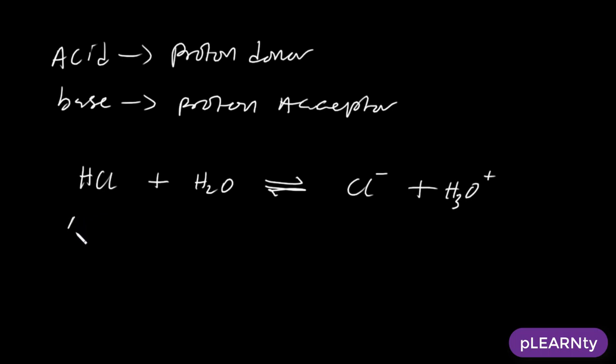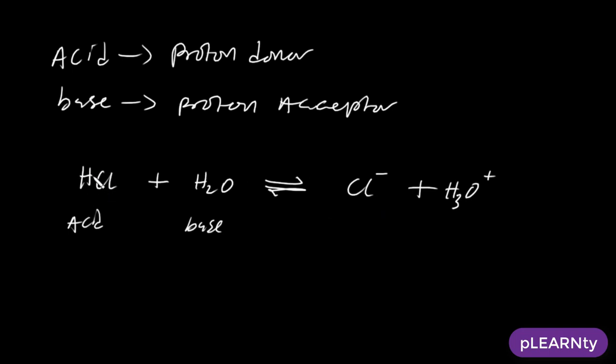So this is our acid. If you look at this water, it accepts a proton, it becomes protonated, so this is a base. Since the acid is losing a proton, what will be formed here is a deprotonated HCl, which is Cl minus, and this is what we call the conjugate base. The conjugate base of this acid.